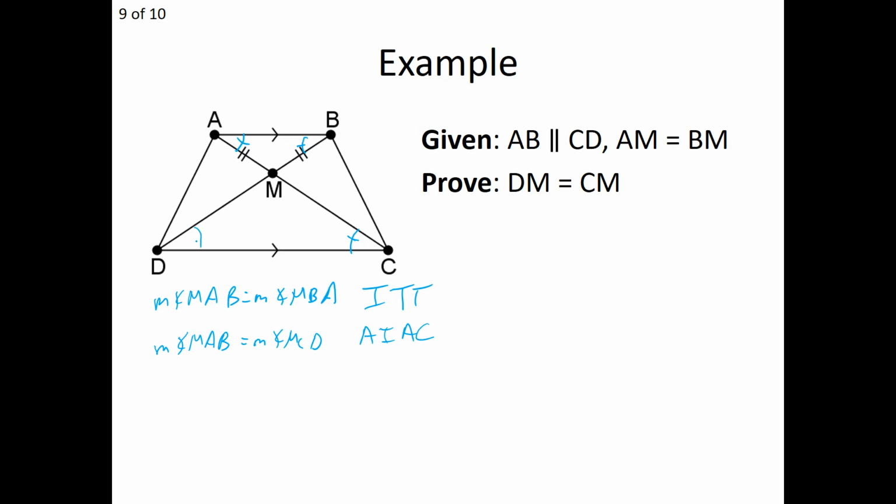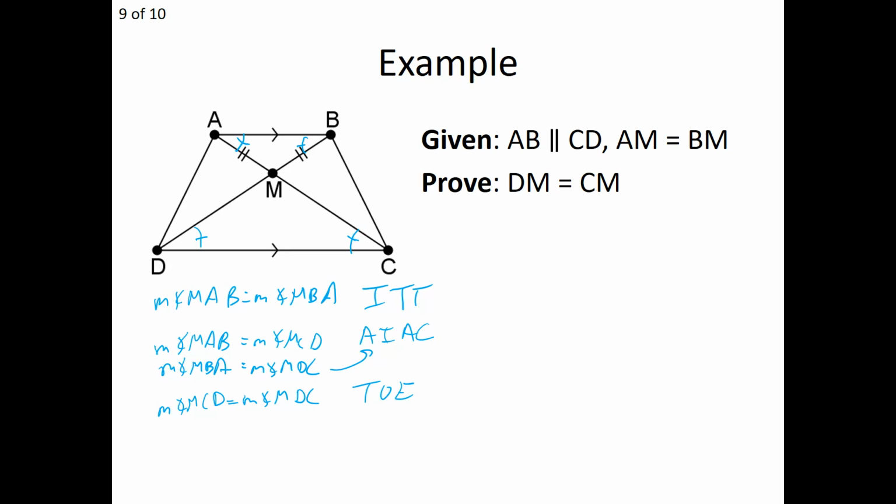I can do the exact same thing with the measure of angle MBA and the measure of angle MDC. It is also a pair of alternate interior angles. So then by transitivity of equality, I know that the measure of angle MCD is going to be equal to the measure of angle MDC.